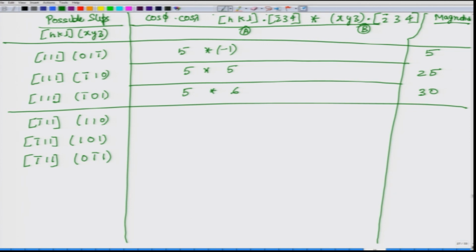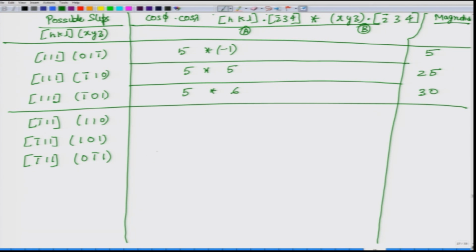Once I take bar 1 1 1, I take all the possible combinations of 1 1 0 which will give a dot product of 0. So, that is the way to find out this part. Also remember that the negatives are possible, but we are only interested in magnitude, because we want the largest magnitude. So, we need not worry about the negatives and the positives.